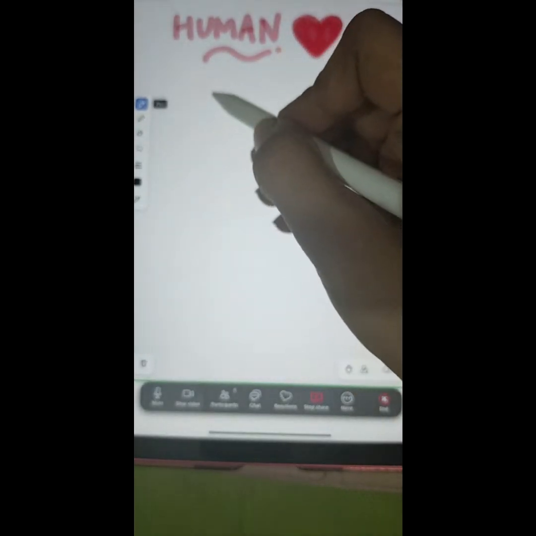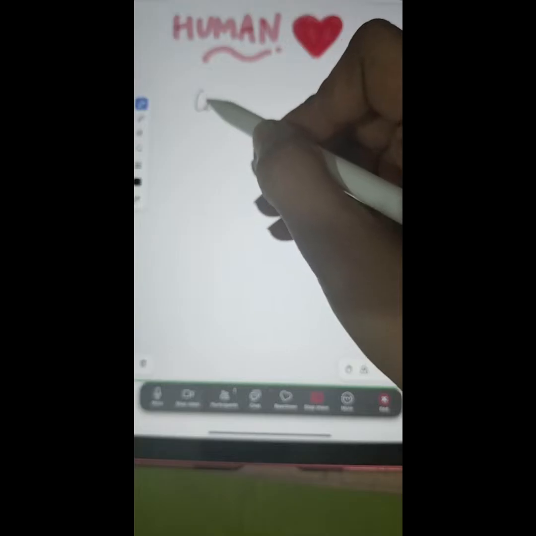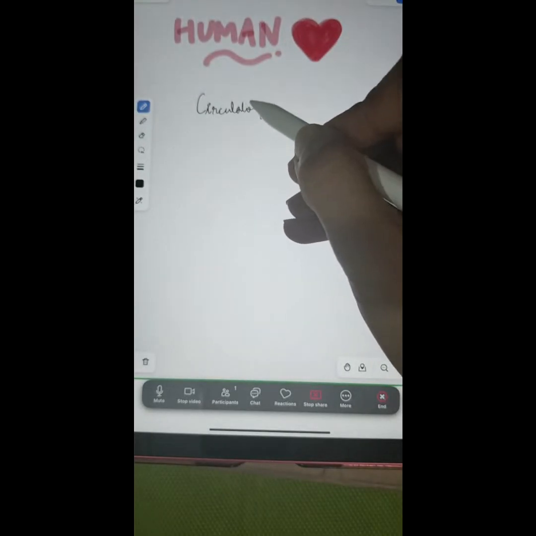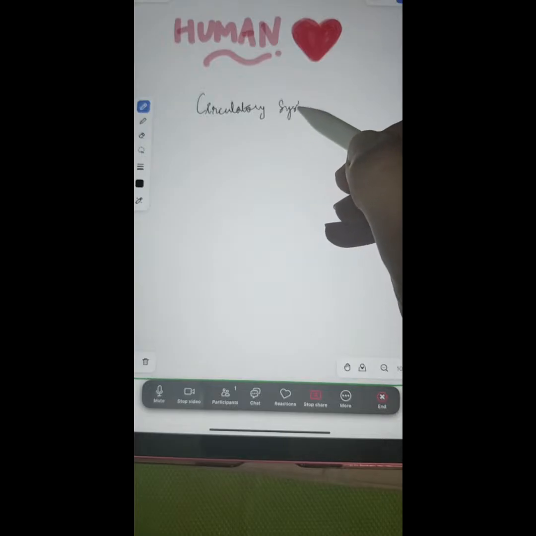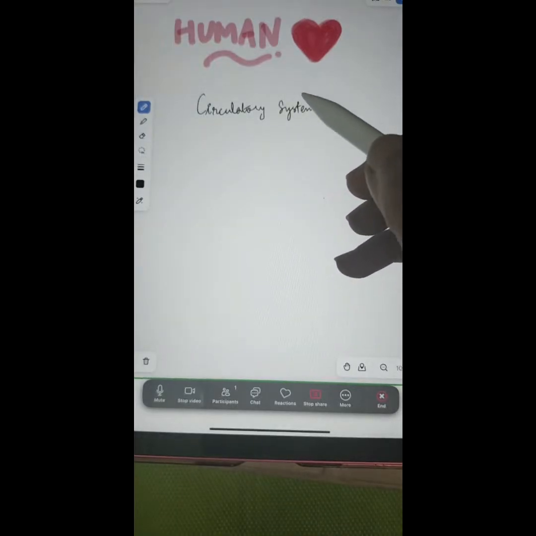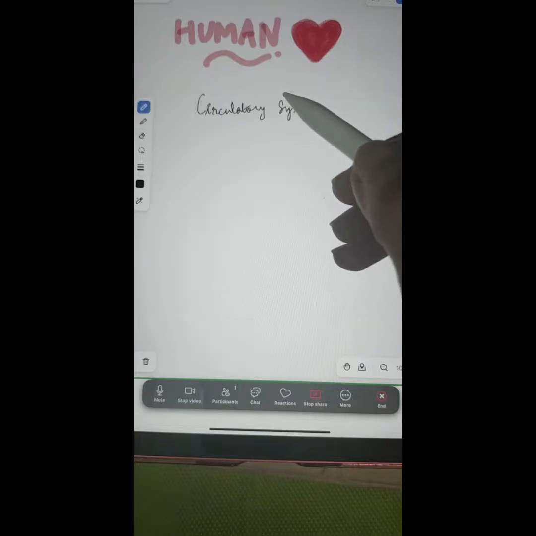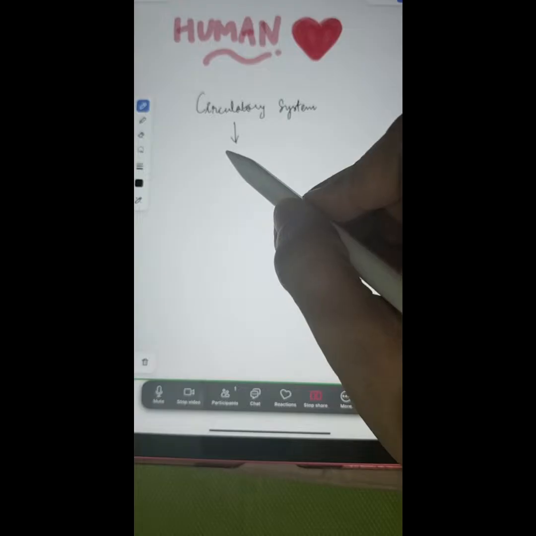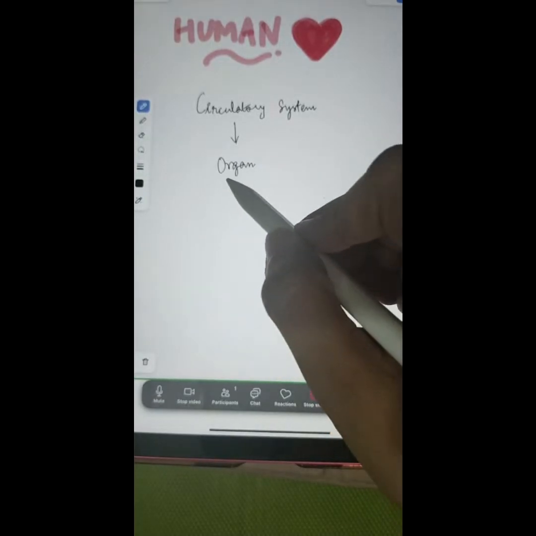So, the human heart will come under the circulatory system. As the word system is written, that means we have to study an organ system, right? We know that an organ system is made by the combination of organs.